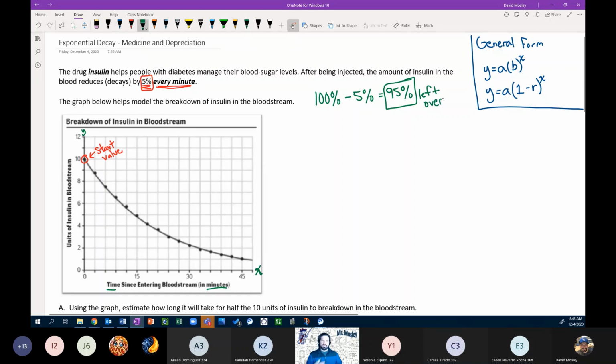When setting up these problems, we need to use the proportion left, the fraction of things left over. We'll use the number 0.95 when we get to writing our rule. These are equivalent. 95% is equal to 0.95 as a decimal.